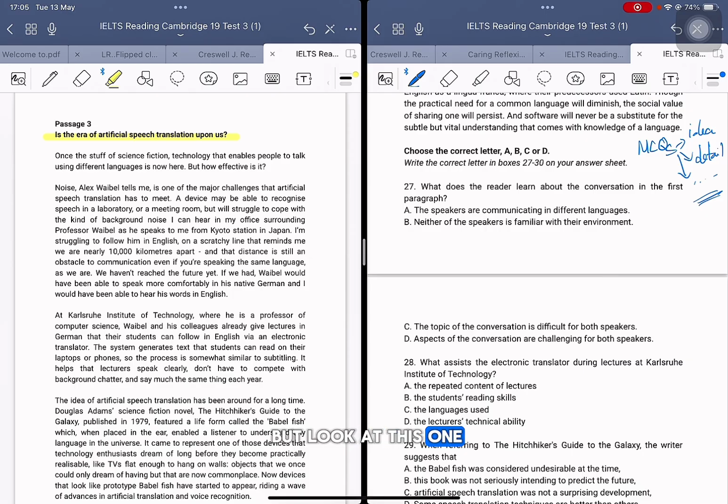But look at this one, you can see they say for the first paragraph, then we just need to focus on the first paragraph. But for multiple choice question, you need to read. Of course, we have keywords, right? Keywords like here, learn about the conversation in paragraph 1. Then we can locate the keywords in the passage by scanning, then read before you read some options here.